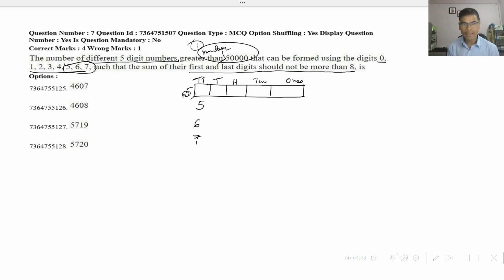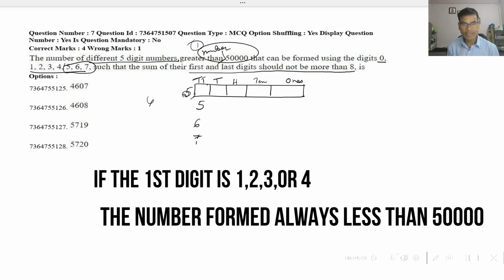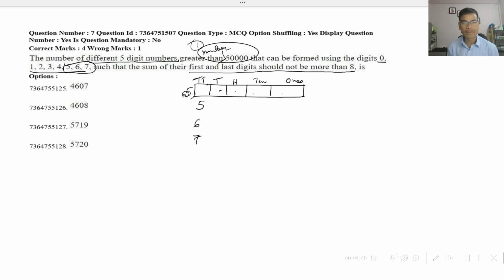If you take any digit other than this, say 4, whatever digit you select in the other places, that number is always less than 50,000. So for the first condition to be satisfied, your 10,000 place should be 5, 6 or 7.